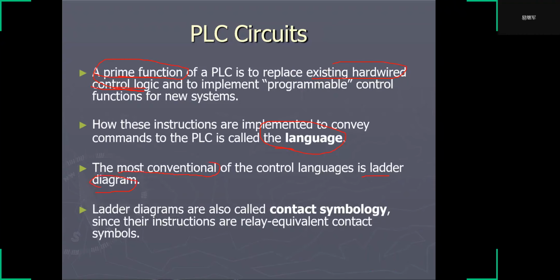We can convert the electrical hardware logic to the ladder language, the ladder diagram language. Ladder diagrams are also called contact symbology, since their instructions are really equivalent to contact symbols.